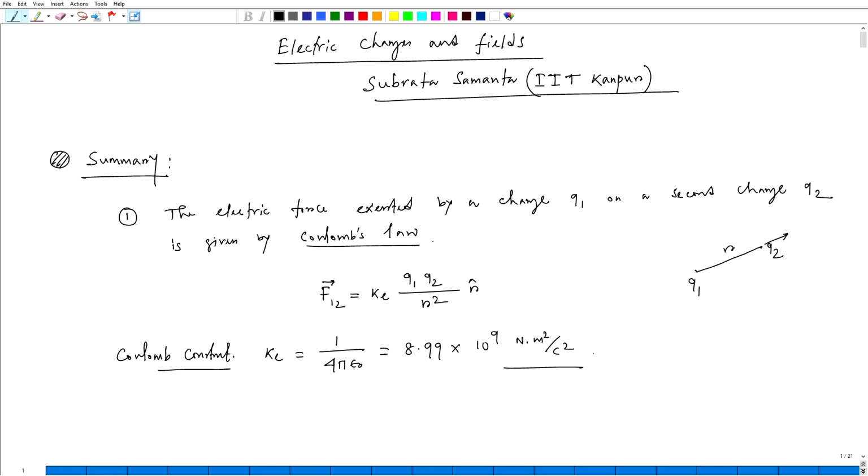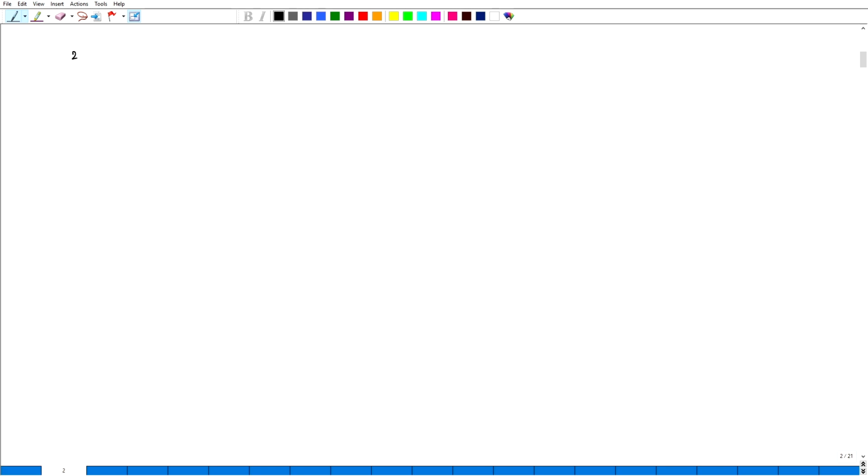Now this force is a fundamental concept, but there is an intermediate concept called the electric field. So the second one is the electric field.